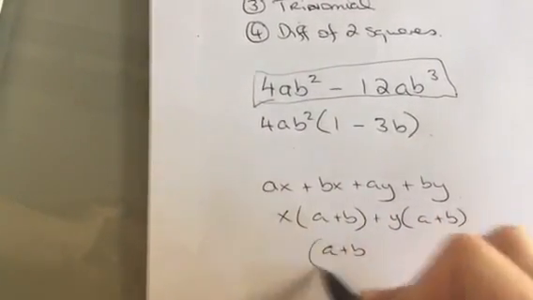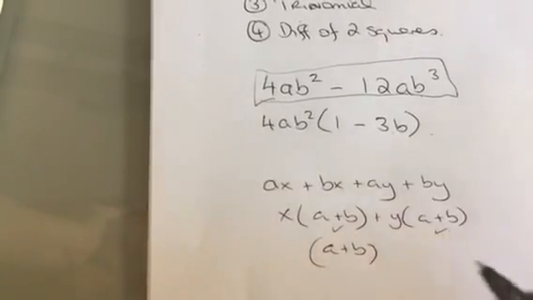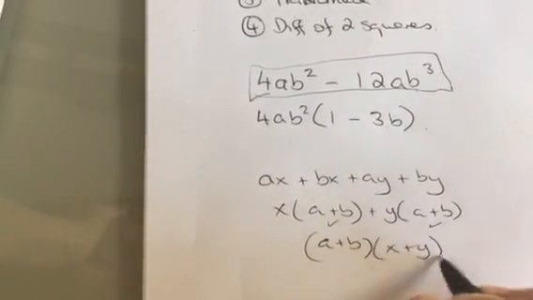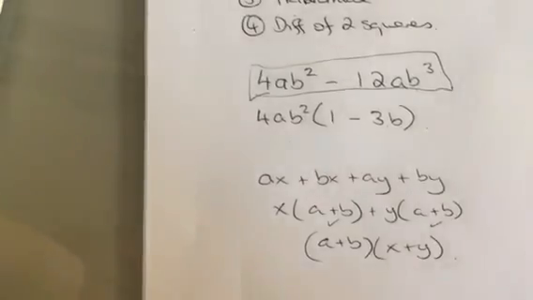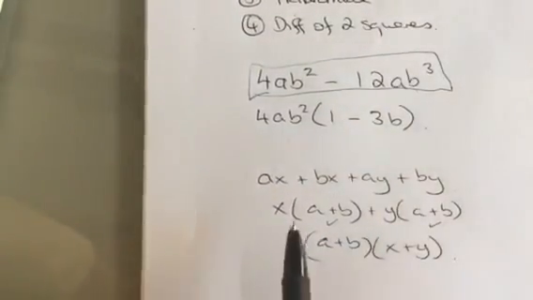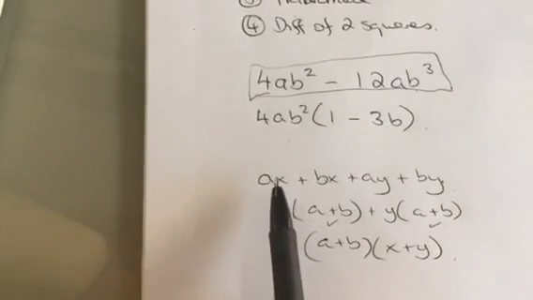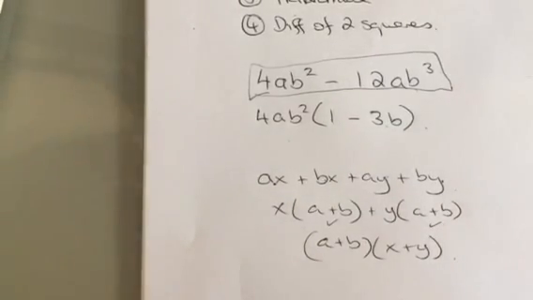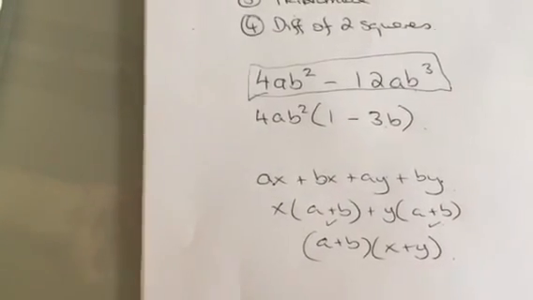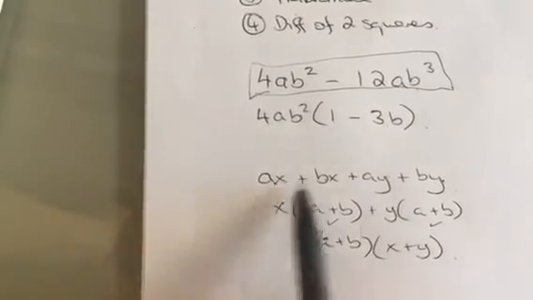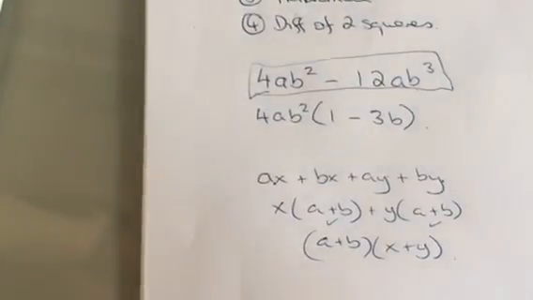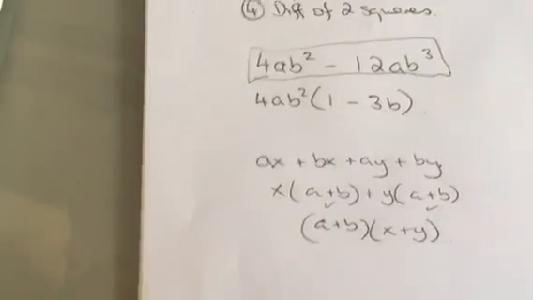A plus b is one factor. See, I know I'm right. And x plus y is the other. I really should check if it's common factor first. It wasn't common factor. There wasn't something that all 4 of them had in common. So I just moved on to pretty straightforward 4 things. I'm going to guess grouping to start off with.